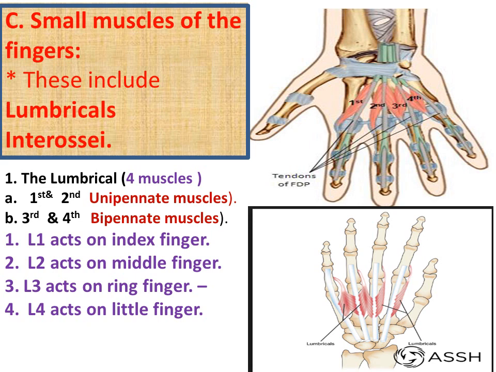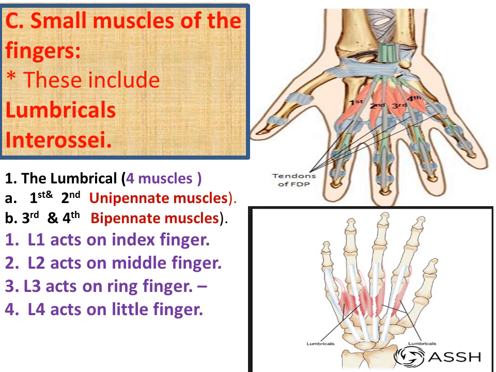We have 4 lumbrical muscles, excluding the thumb, starting from the index L1, middle L2, ring finger gives attachment for lumbrical muscle number 3, and the little finger gives the attachment for lumbrical muscle number 4. So index, middle, ring, little: L1, L2, L3, L4.